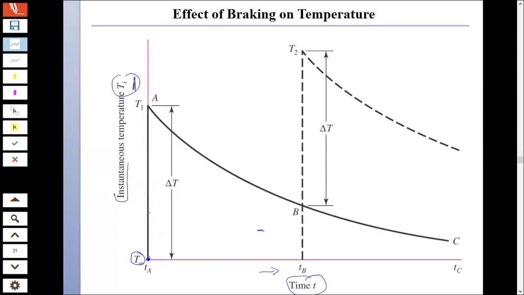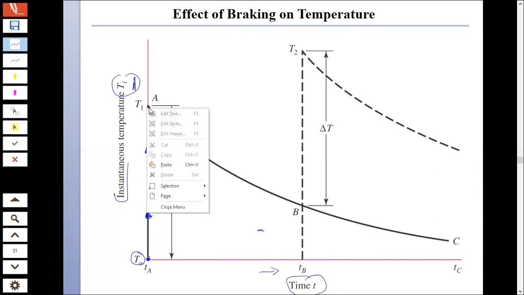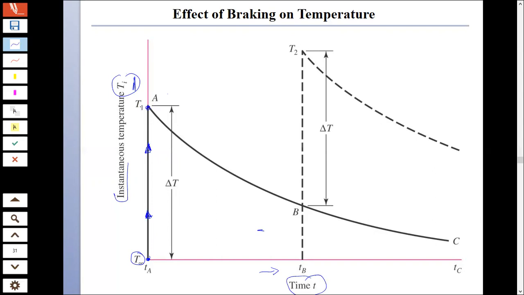Now, when you apply a brake, heat is going to be generated by the application of the brake or the clutch, and it is going to rise the temperature of the brake or the clutch, which will go to T1. So this is the temperature rise, which is T1 minus T ambient, or T infinity, or T environment.